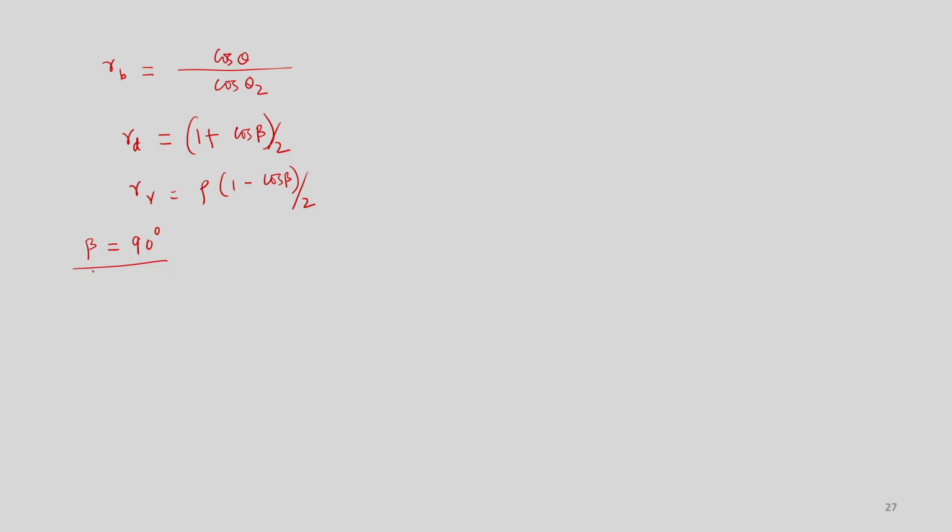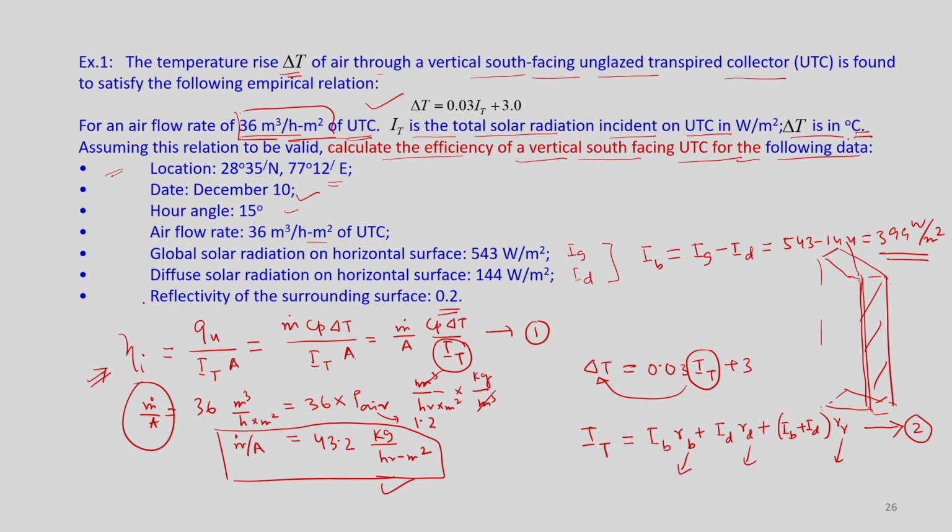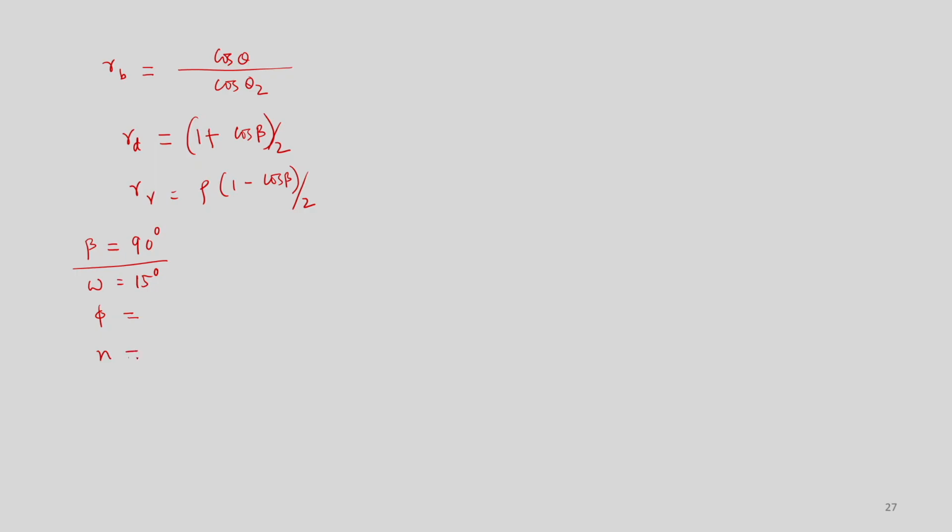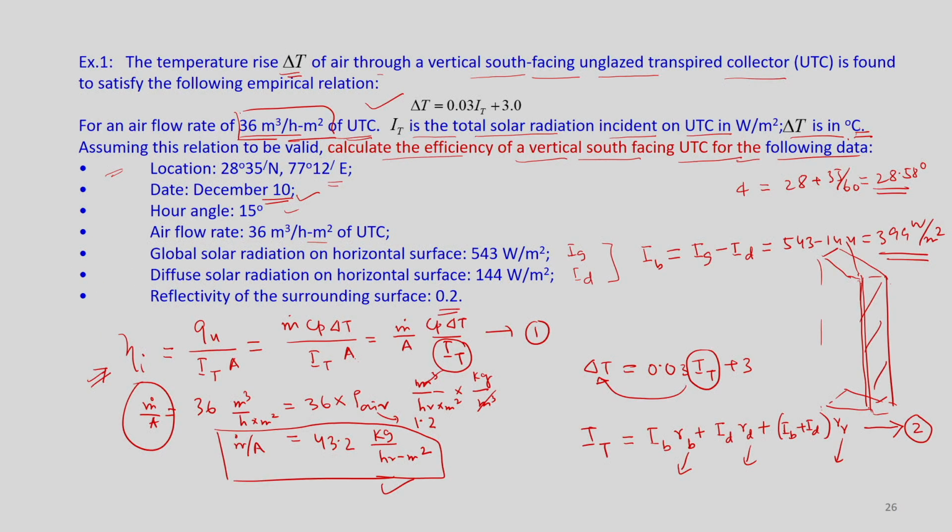And what will be the phi? So, omega is given as 15 degree and phi, we have in the problem, phi is 28 plus 35 by 60, which will be 28.58 degree. Okay. And December 10 is the date. So, we need to know what is n. So, n value we need to calculate.